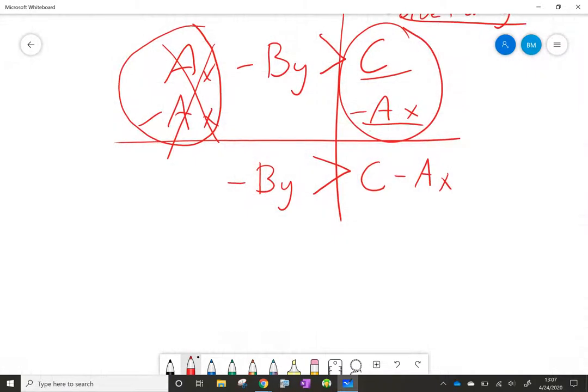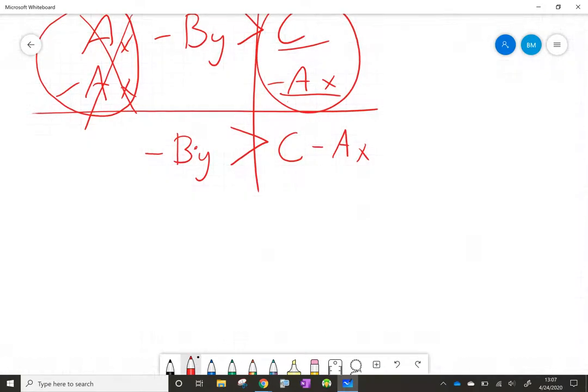Okay, so remember, we're trying to get y by itself. The last thing to get rid of is the negative b. A lot of you might think, oh, it's negative, so let's add b to both sides. But that's not quite it, because the b is actually being multiplied with y. It's negative b times y. Think of it like it was negative 4 times y, negative 4y greater than all that other stuff.